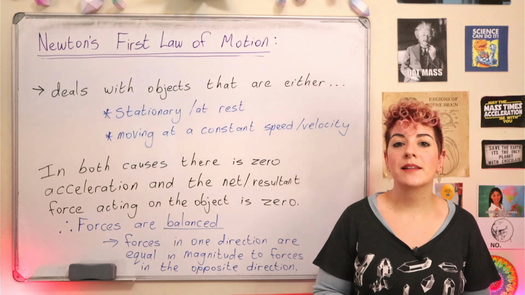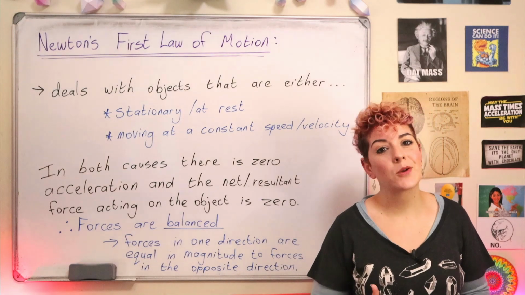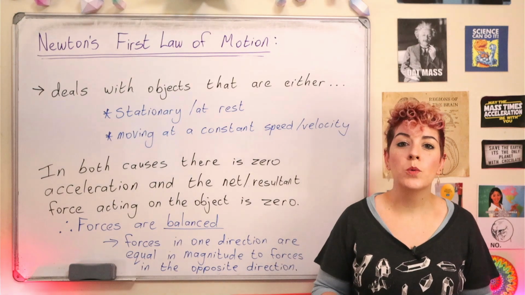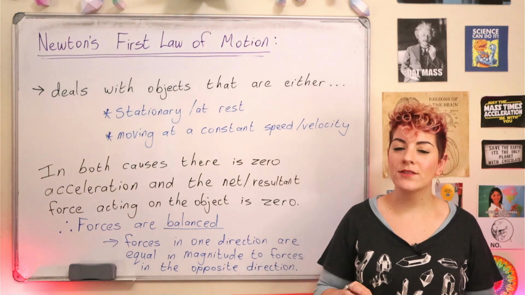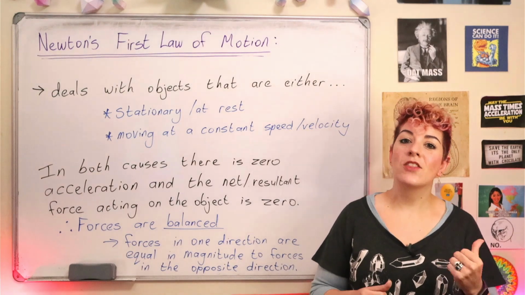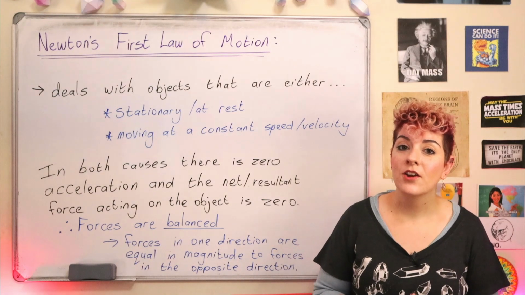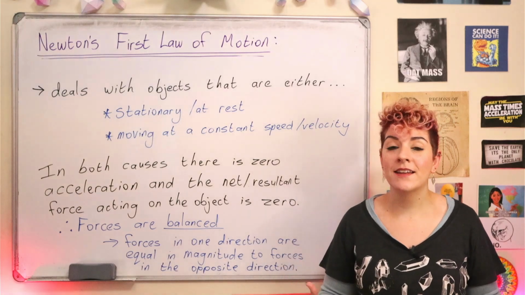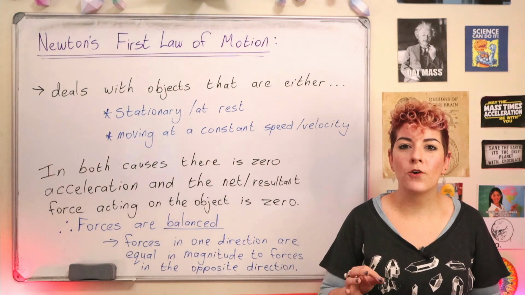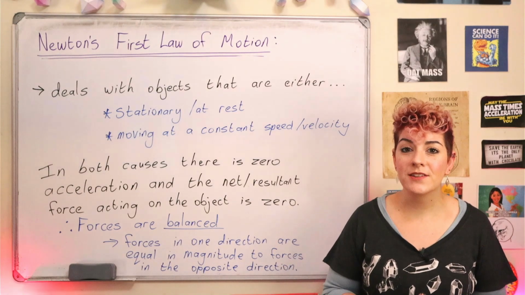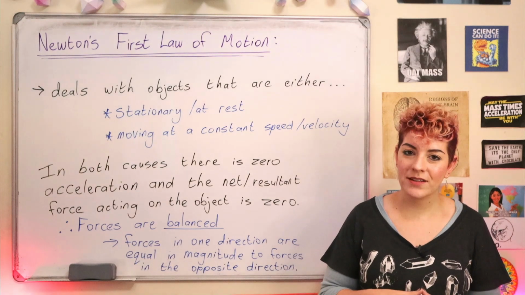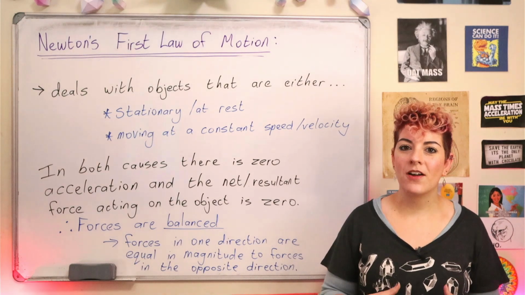And this ultimately means that forces going in one direction are equal in magnitude or amount to forces going in the opposite direction. Right, and this is the idea that you will use to solve for unknowns in Newton's first law calculations. Okay, let's move on.